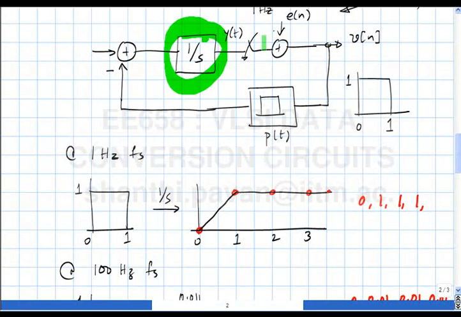Which basically means that the shape of the impulse response will remain the same. In other words, the samples of the impulse response in this particular case will remain the same. Alright, so what should I do? I have reduced this by a factor of 100, so I must increase the numerator by a factor of 100.